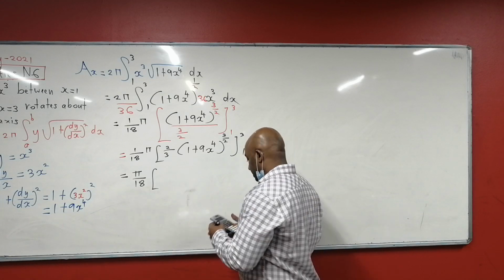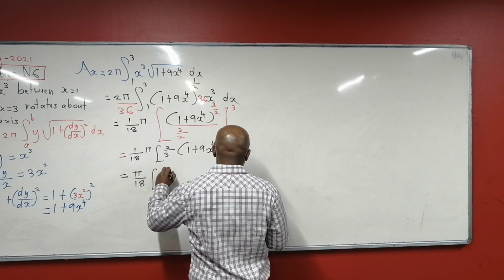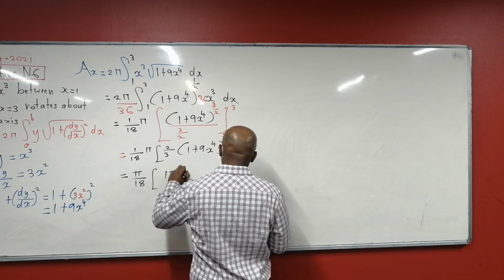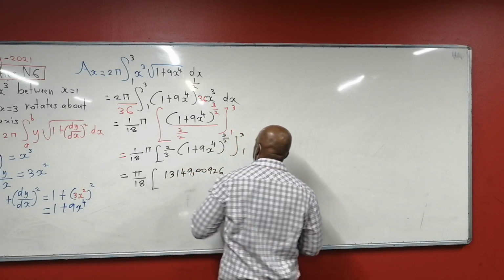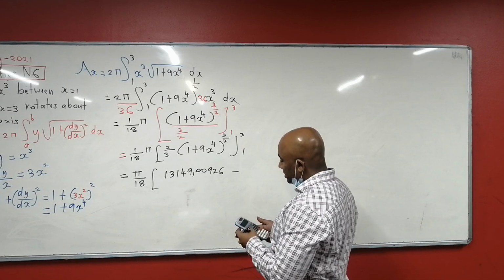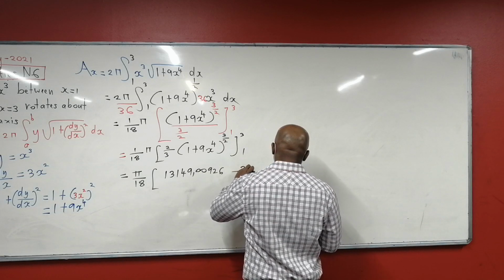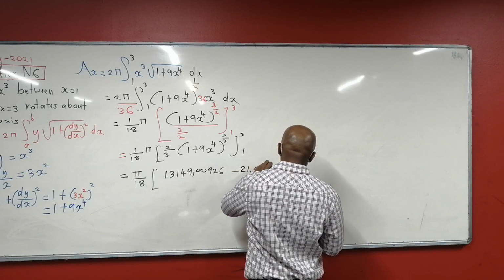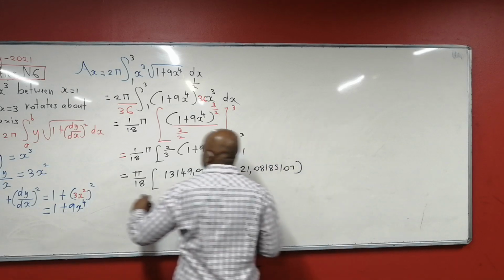Substituting 3 first, I get 9.00926 minus, substituting 1, I get 21.08185107.